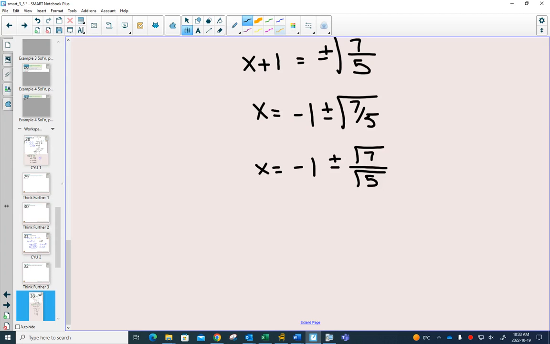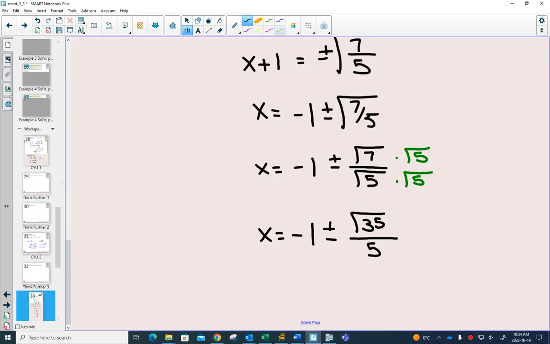So we need to multiply this by square root of 5 and this by square root of 5. And we would get x equals negative 1 plus or minus the square root of 35 over 5. And the last simplification thing that you've probably never heard of before, but is a rule for simplification, is that if you have fractions, you should write your final answer as one fraction.